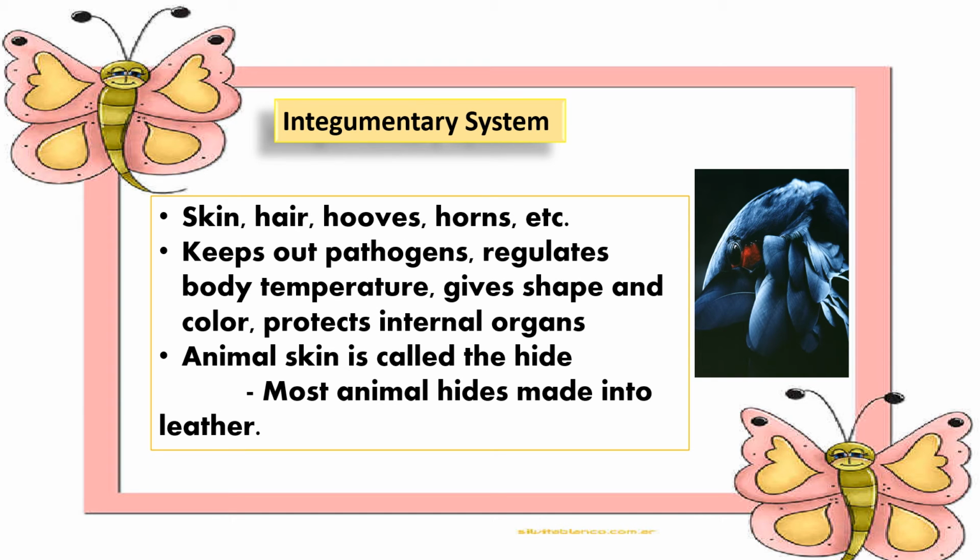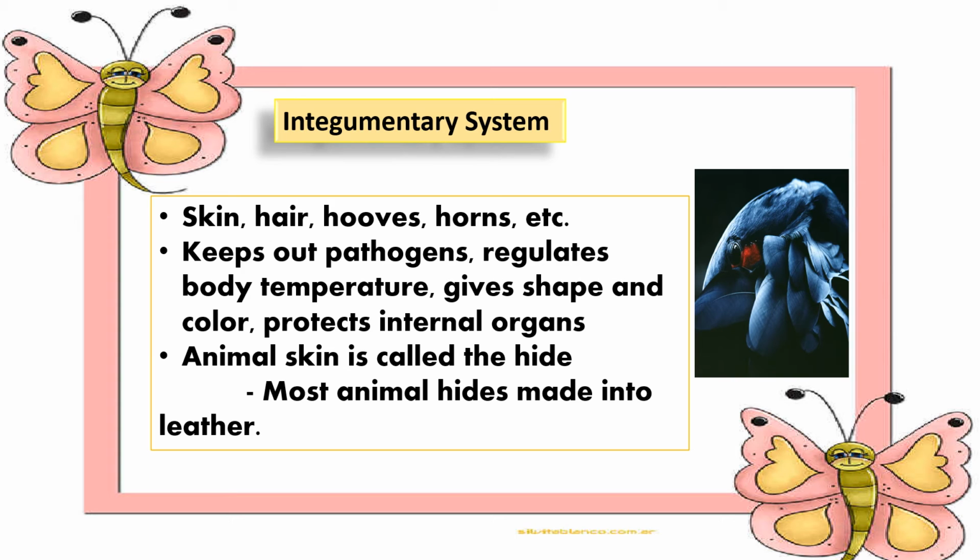Now, we have the integumentary system. So what are the major structures involved in the integumentary system? First, you have the skin, the hair, hooves, horns in animals, and so on.